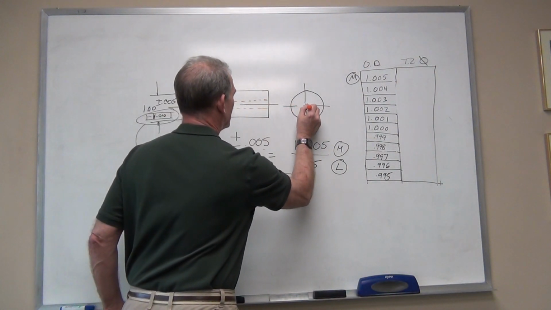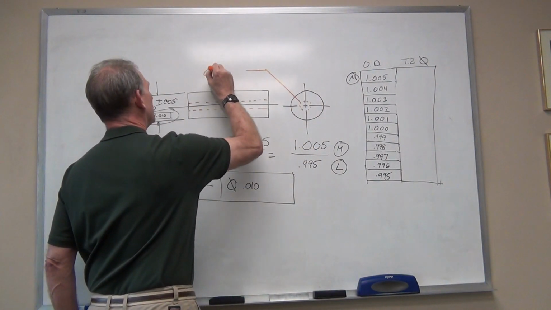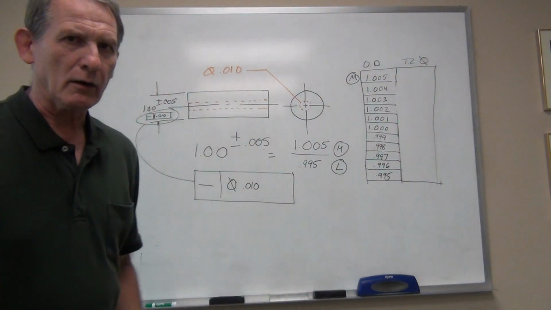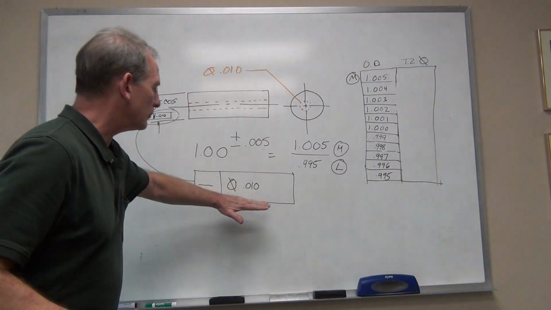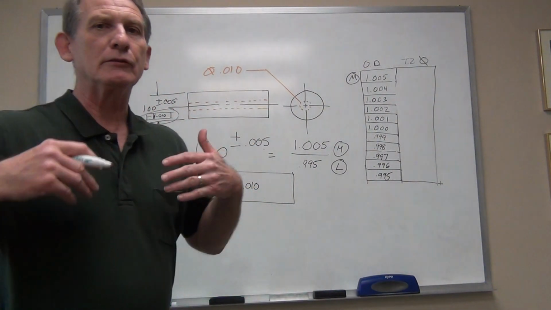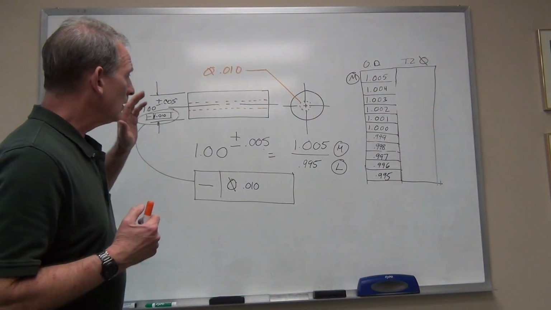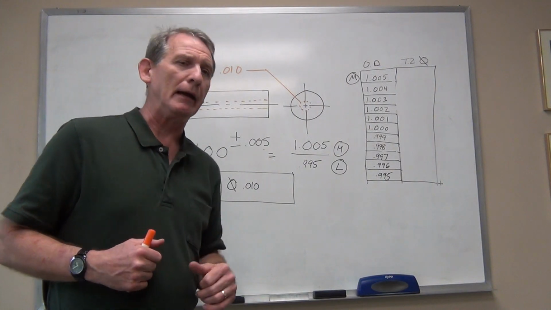It is a diametral tolerance zone, and that diameter is 10 thousandths. That is all buried in the feature control frame, and this is what you have to either visualize or draw from it. That is the reading of the feature control frame. All right, so now let's look at material condition and see how it comes into play.